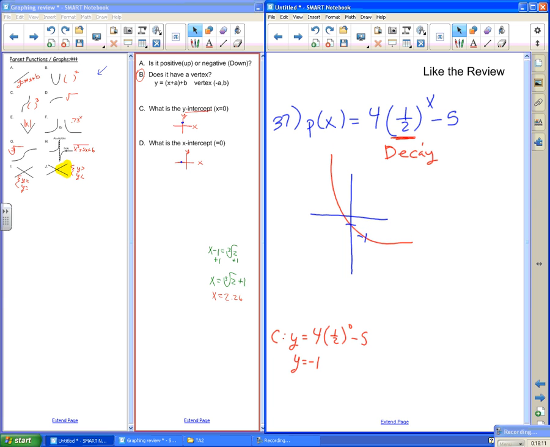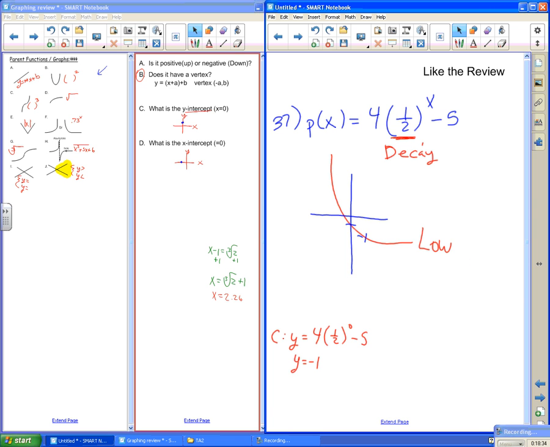Then the last thing I would ask you to figure out is where is this lowest, what's the lowest value? So this is kind of a new question. For this one, you need to know what the low is.